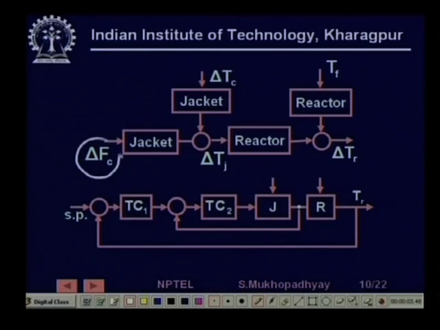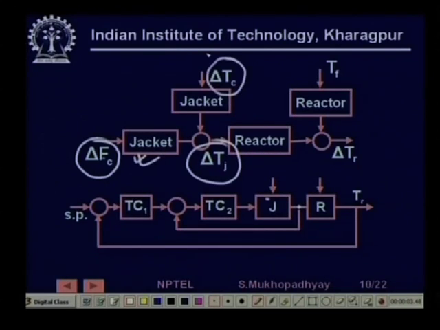So, delta Fc, which is the change in the flow of the coolant, first, so this just shows that this delta Fc affects this delta Tj through the jacket.